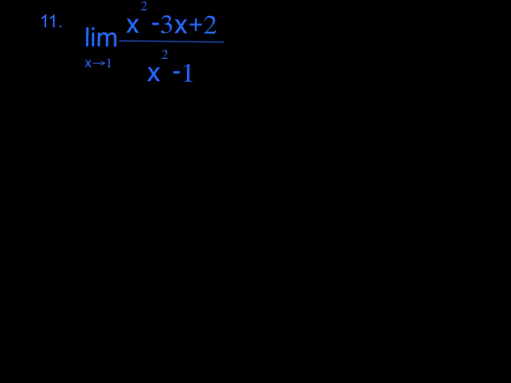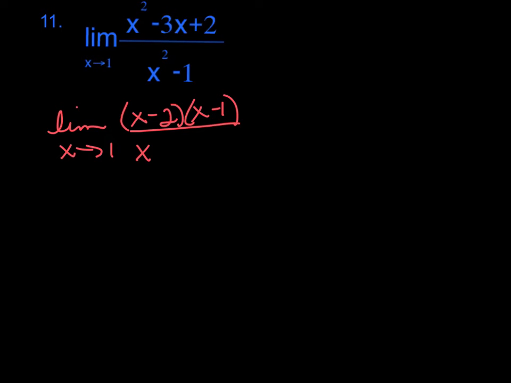Number 11 is very similar to number 10. So we're going to start by factoring that. The numerator, when I factor that, is going to be x minus 2 and x minus 1. The denominator is the difference of two perfect squares. Oops, let's make that look like a 1.